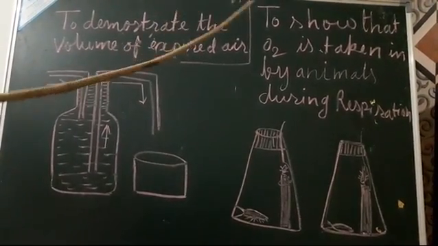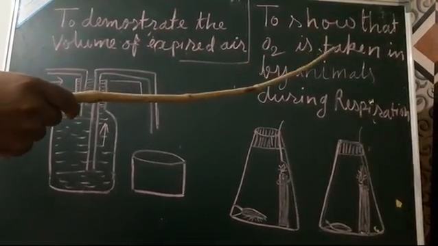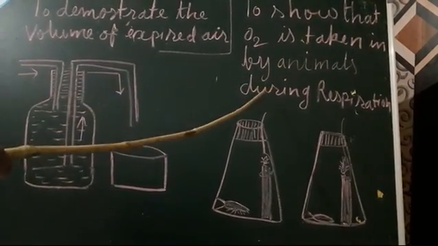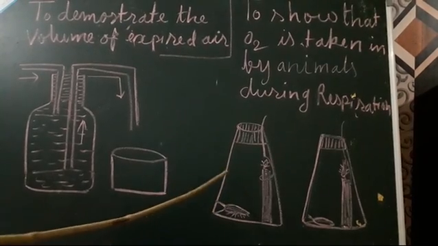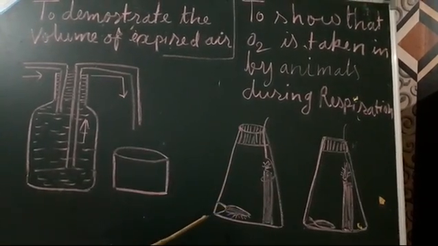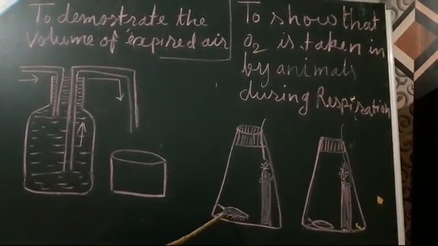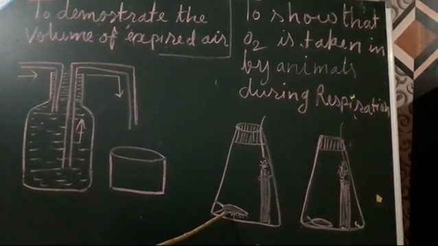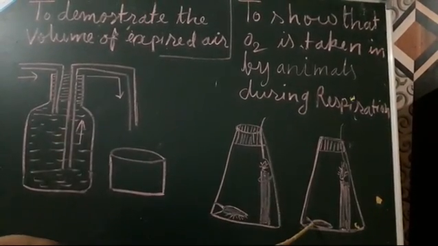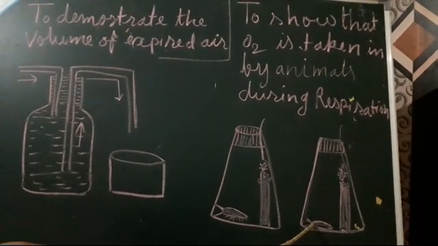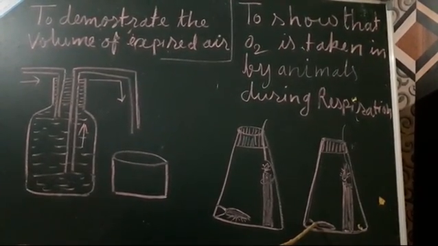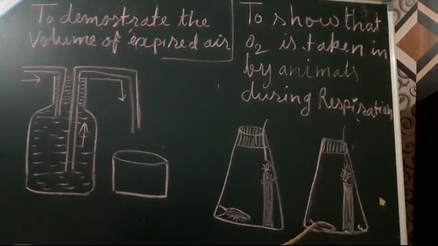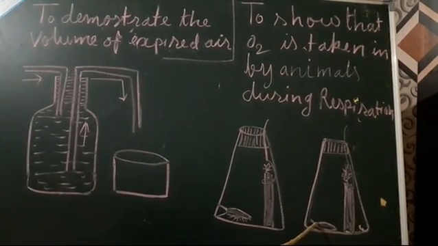Next, to show that oxygen is taken in by animals during respiration. For this, we have to take two conical flasks. In one we put a live cockroach, and in the other conical flask we keep a dead cockroach. The dead cockroach is soaked in formalin so that it will prevent bacterial decay.